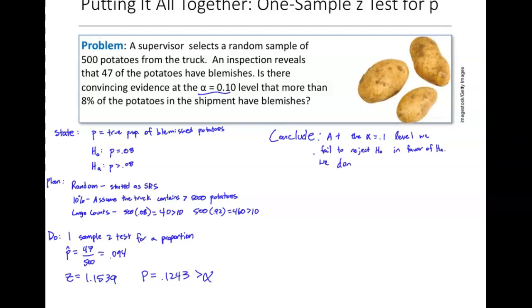We don't have significant evidence that there are more than 8% blemished potatoes.